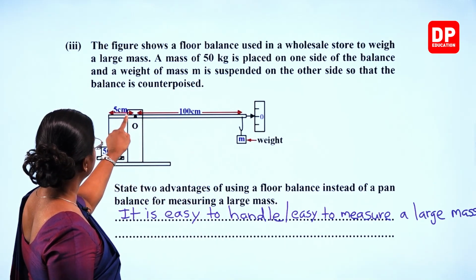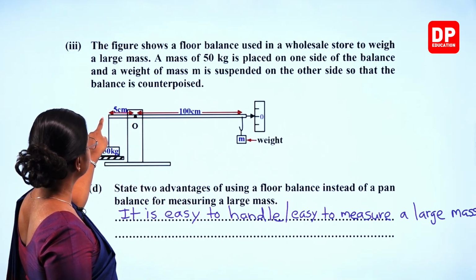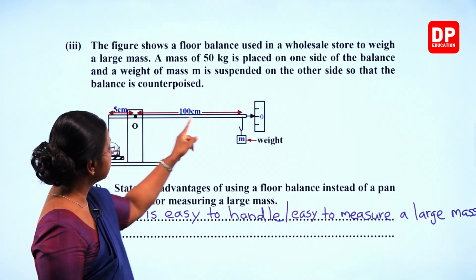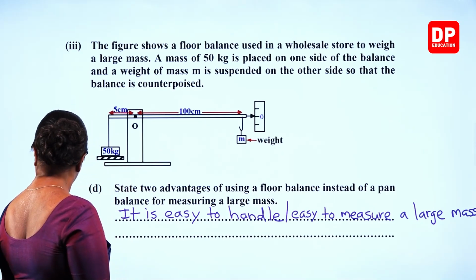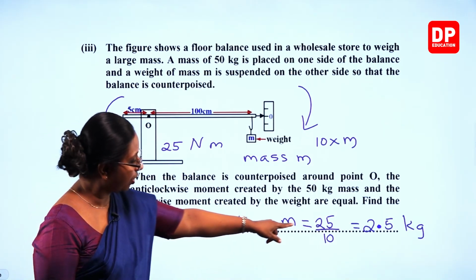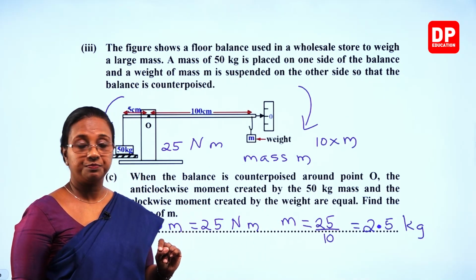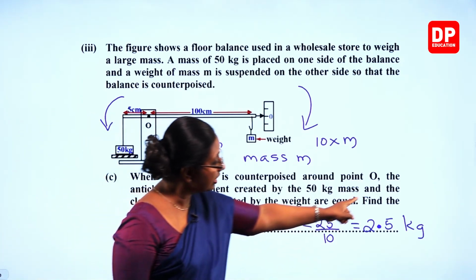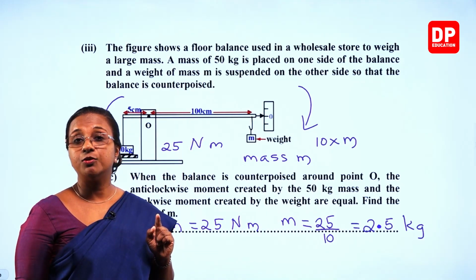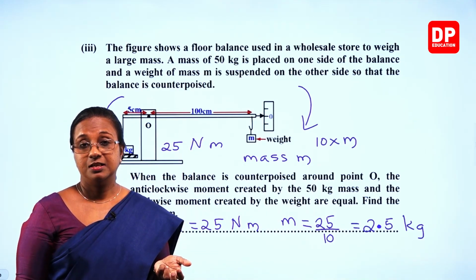Then what do you see here? This arm, the distance is 5 centimeter. This arm, the distance is 100 centimeter. And in the previous one, we calculated the value for m, 2.5 kilogram. To measure a weight of 50 kilogram, you only need 2.5 kilogram weight.